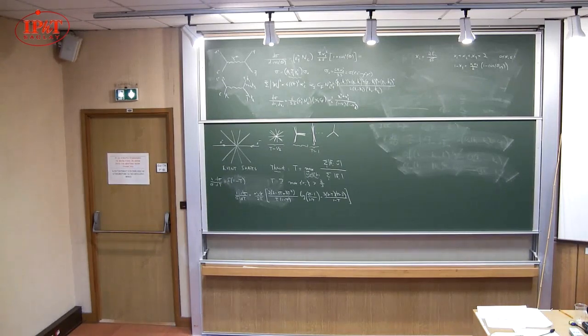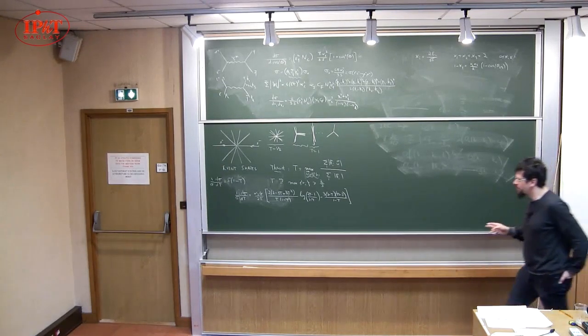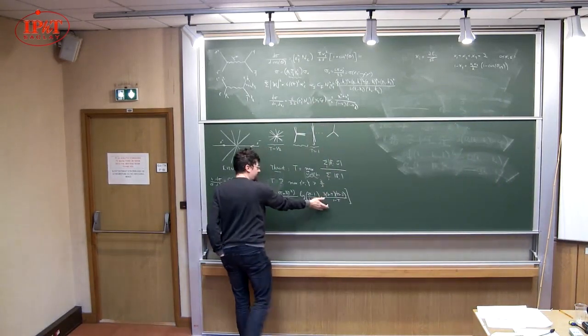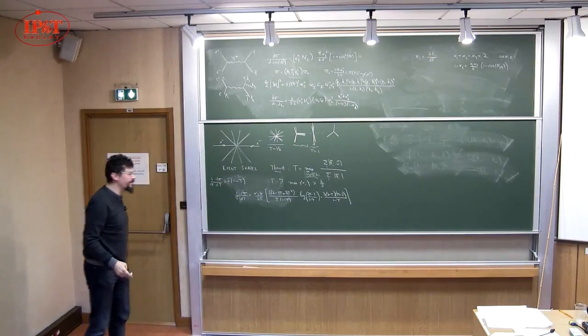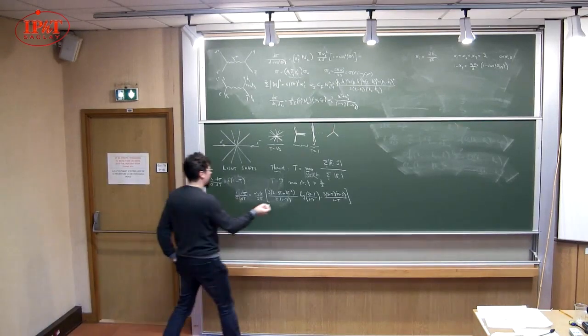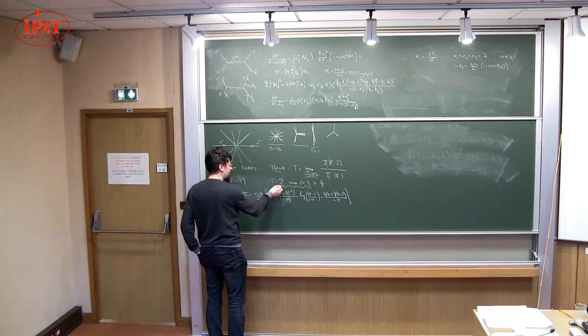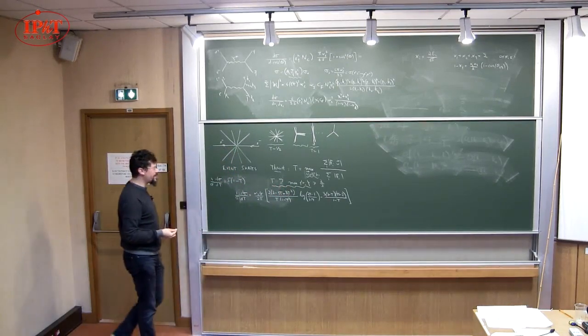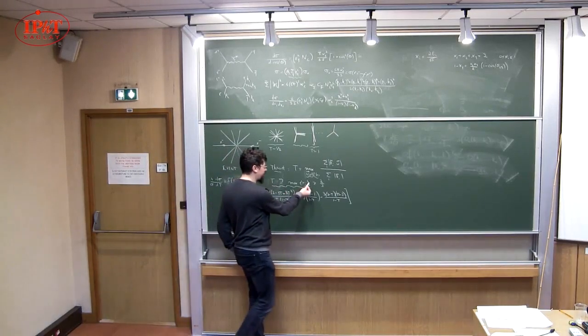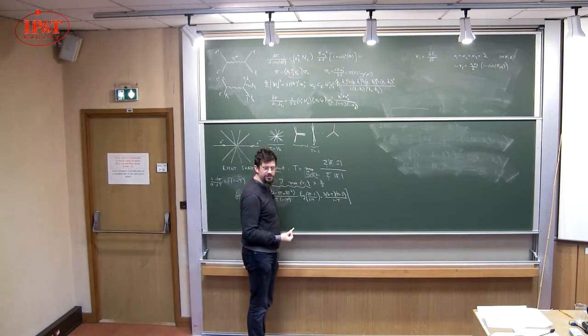Would you expect why? Let me rephrase that question. In going from here to there, where would this 1 minus t dependence come from? Well, look at this expression here. What happens if t goes to 1? If t goes to 1, you start probing xi going to 1 as well.